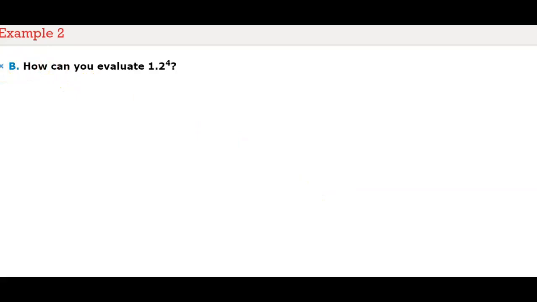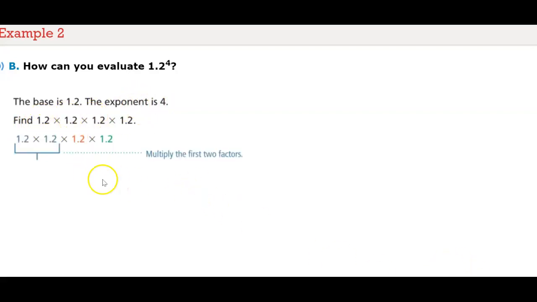Part B. How can you evaluate 1 2/10 to the 4th power? So let's take a look. The base is 1 2/10. The exponent is 4. So you're finding 1 2/10 times 1 2/10 times 1 2/10 times 1 2/10. And multiply the first two factors.